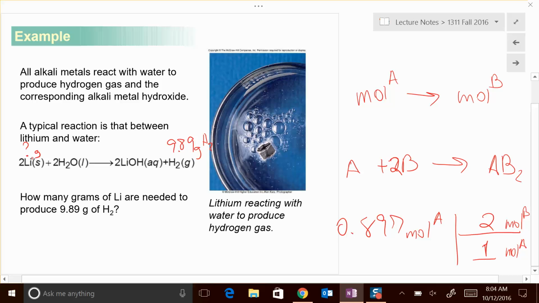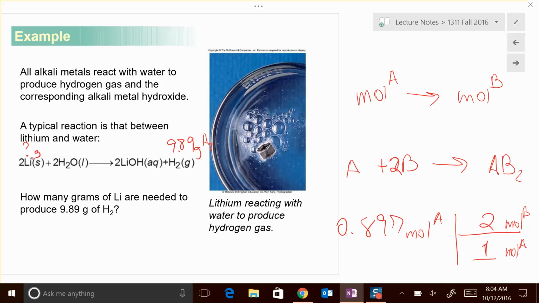This is a very practical question, because in the laboratory, we would want to know how many grams of lithium to take and put in water, so that we have an idea of how much hydrogen we are going to produce: 9.89 grams of hydrogen.